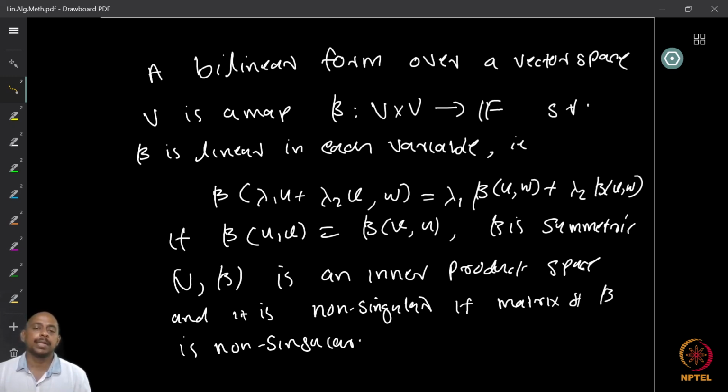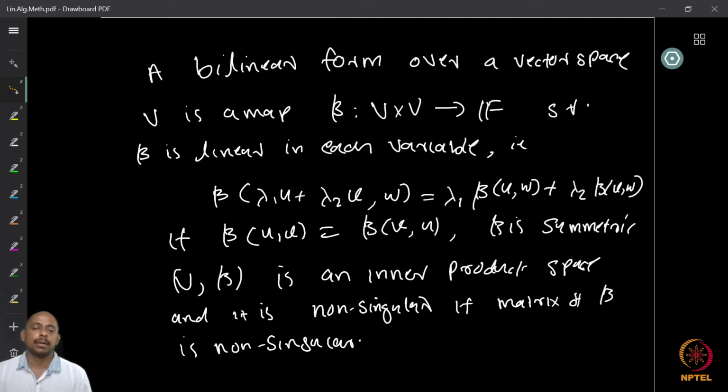Now, if beta of u, v is equal to beta of v, u, then we say beta is a symmetric bilinear form, and a symmetric bilinear form is called an inner product. So there are several inner products. We defined the standard inner product earlier, but now it's a little more general.